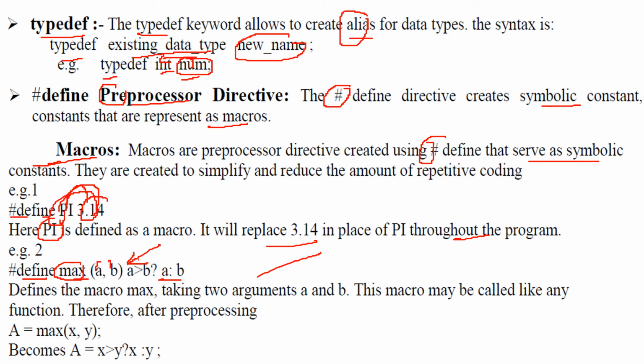Just as an example, if you pre-process it, the larger value is assigned to capital A, otherwise b will be assigned to capital B. So this is simply a is equal to x greater than y, question mark x colon y, and as I'm just saying, we will just understand.